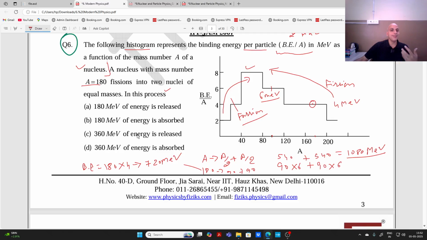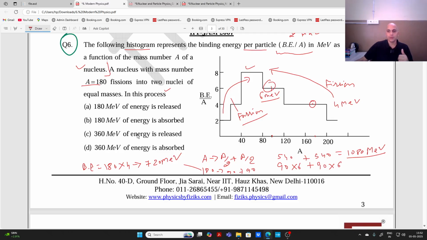Now what is the amount of energy that is released? Obviously I told you that when fission takes place, the heavy nucleus splits into two nuclei and energy is released. That will be the difference between the binding energy of this one and this one.